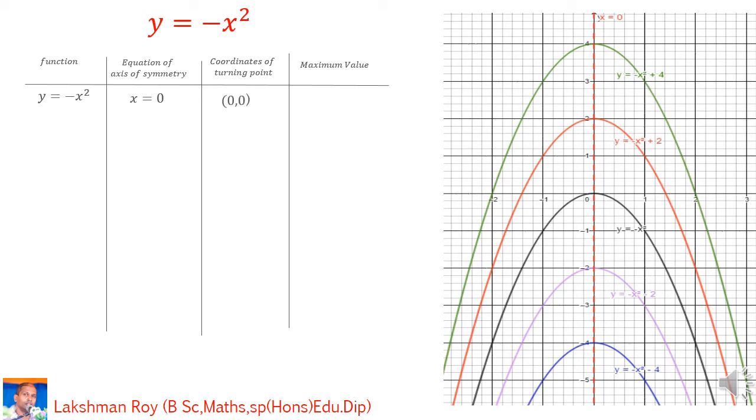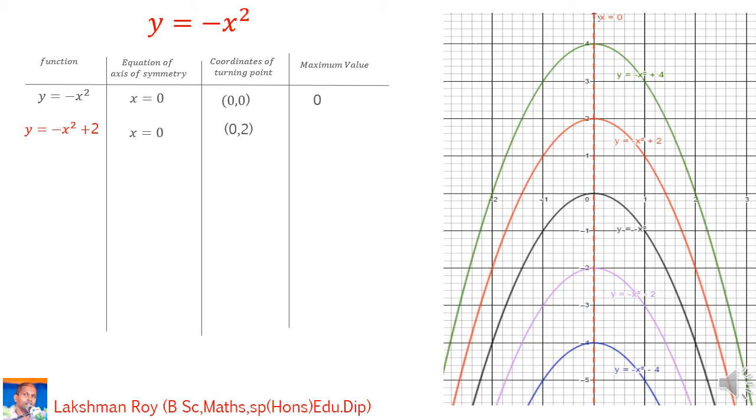Next graph, y equals negative x squared plus 2, this color graph. Now you can see the equation of axis of symmetry is x equals 0, that does not change. What happened to the coordinates of the turning point? The x coordinate is 0, but the y coordinate is 2, so the maximum value is also 2.